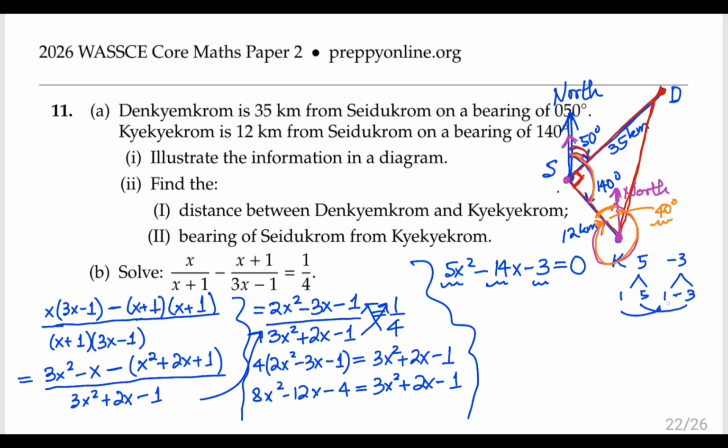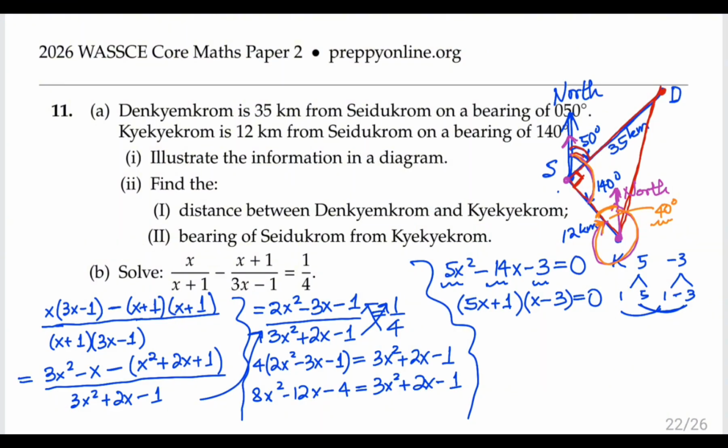Then 1 by 1 is 1. So when we add, we get minus 14. So when we are writing the factors, we change the order. Even though here 5 was going with minus 3, here 5 is going to go with 1. And then that's 5x. And then here x is going to go with minus 3. So this is the way in which we factorize it.